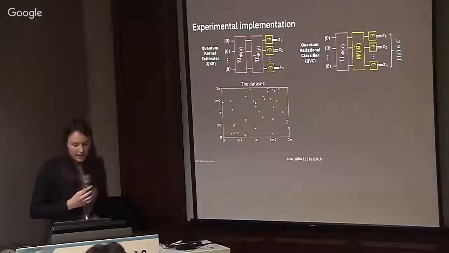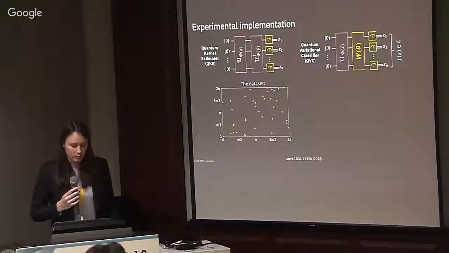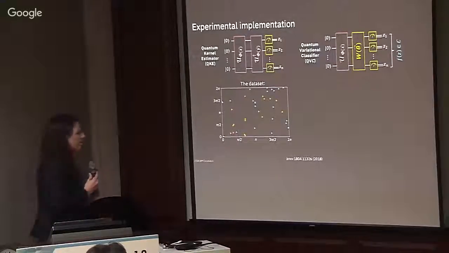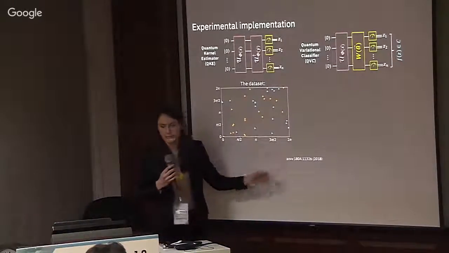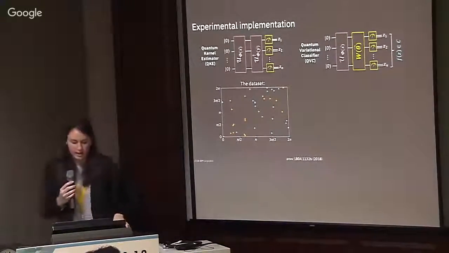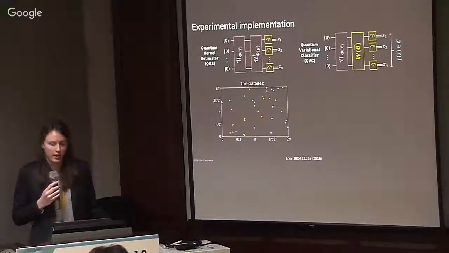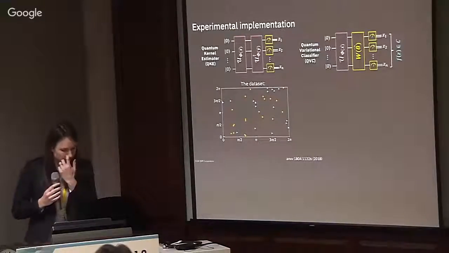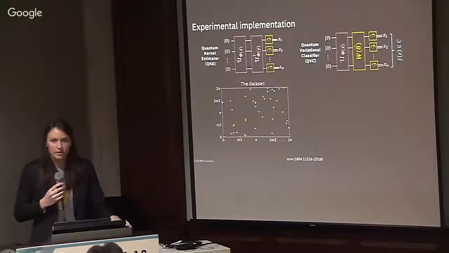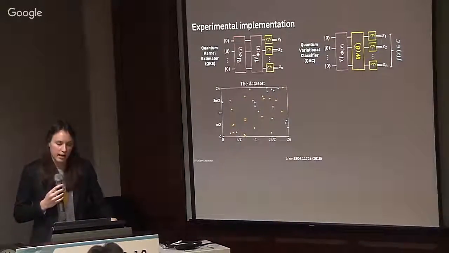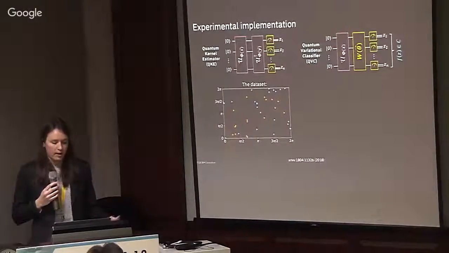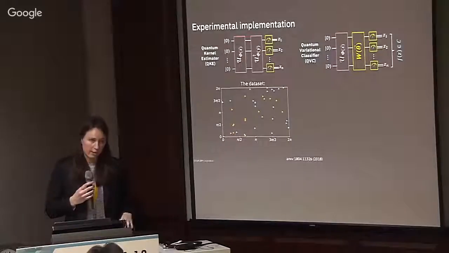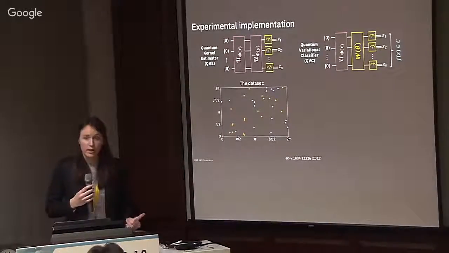So these two ideas were implemented on the hardware in this paper that I've been referencing. They tried these two methods and compared how they did. The data set that they used was a synthetically generated data set where the data came from the actual quantum feature map that we're using here.